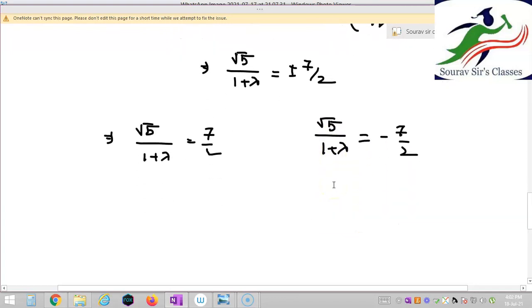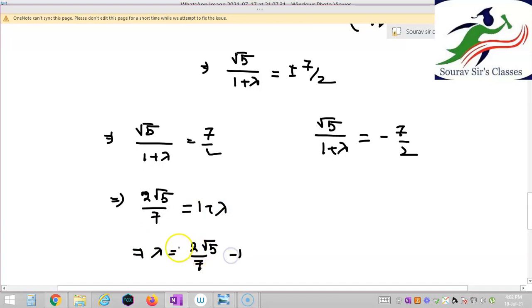From this I will get 2 root 5 by 7 is equal to 1 plus lambda, and the value of lambda is 2 root 5 by 7 minus 1. And minus 2 root 5 by 7 is equal to 1 plus lambda, and hence the value of lambda is minus (1 plus 2 root 5 by 7).